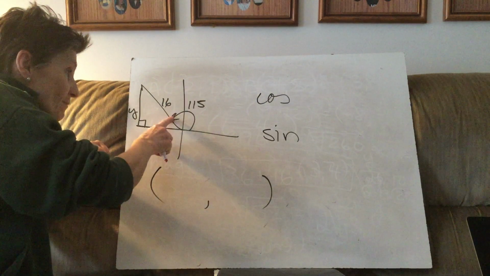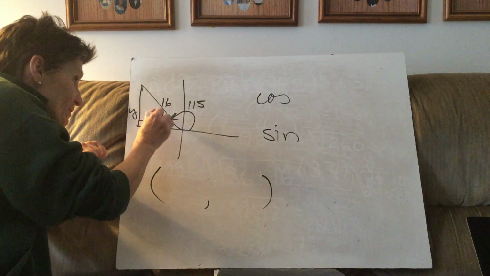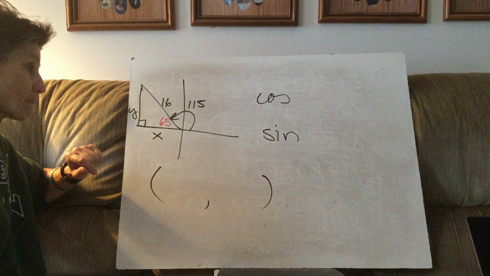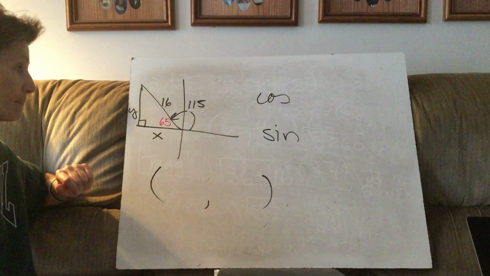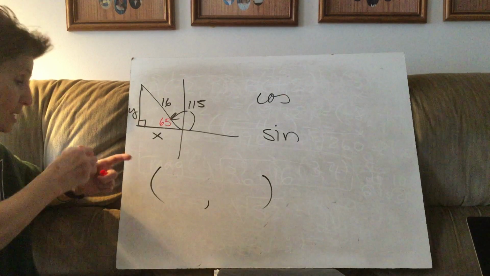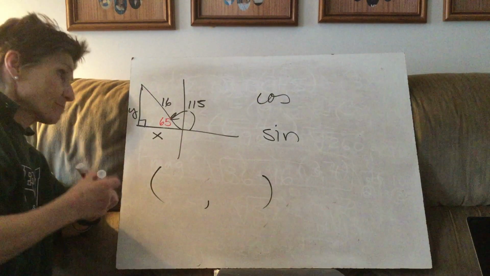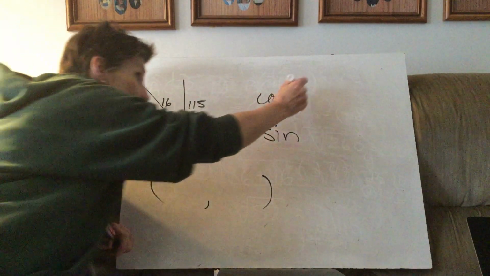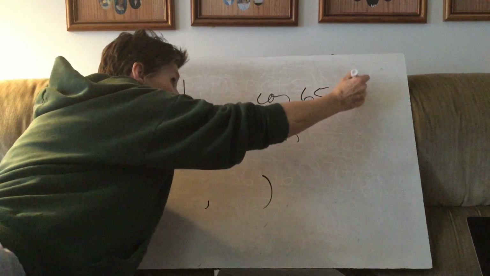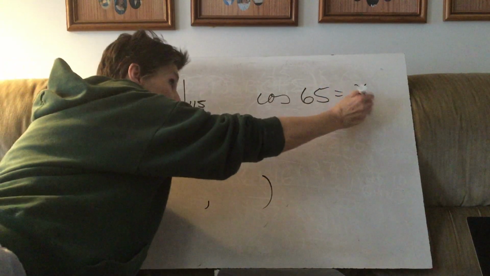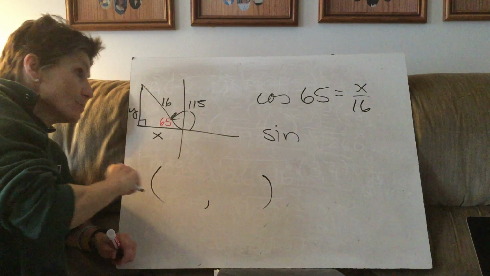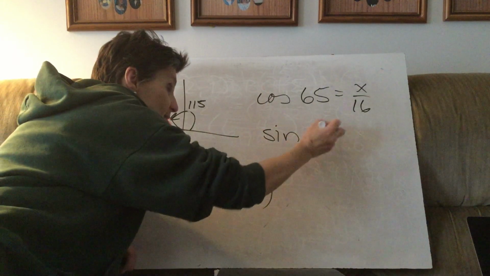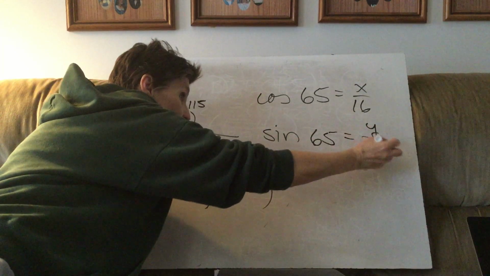So if this is 115, doesn't this have to be 65? Because 115 and 65 would give you 180. So we can say cosine 65 equals x over 16, because cosine equals adjacent over hypotenuse, and sine 65 equals y over 16.